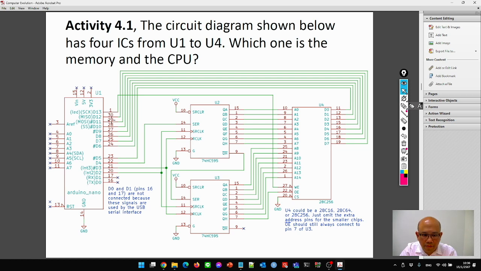The CPU has the data bus, and here is the memory. The memory has the address bus and data bus, and the address bus connects to the ICs U2 and U3. U2 and U3 are like small memories to capture the address and to capture the data. This CPU sends the data 2 times.